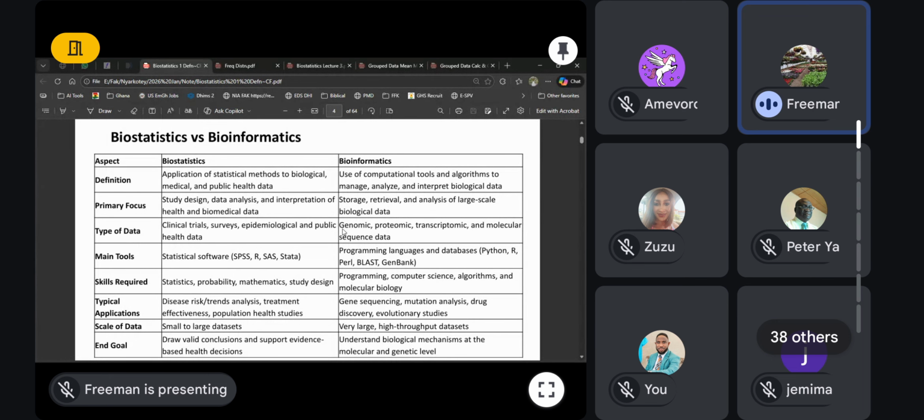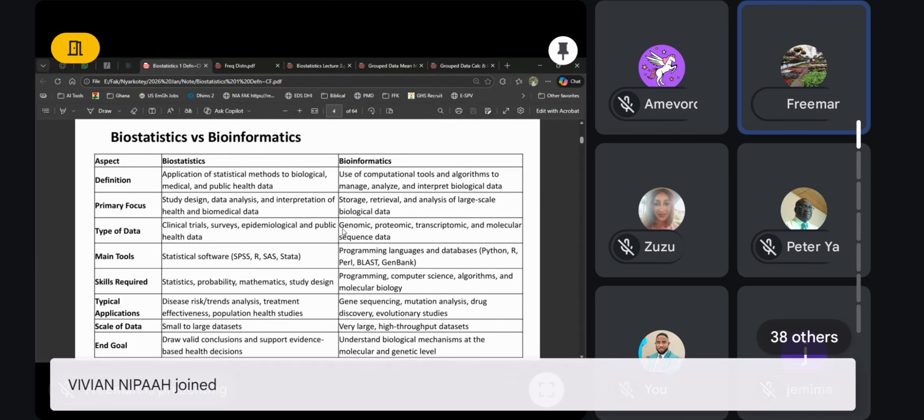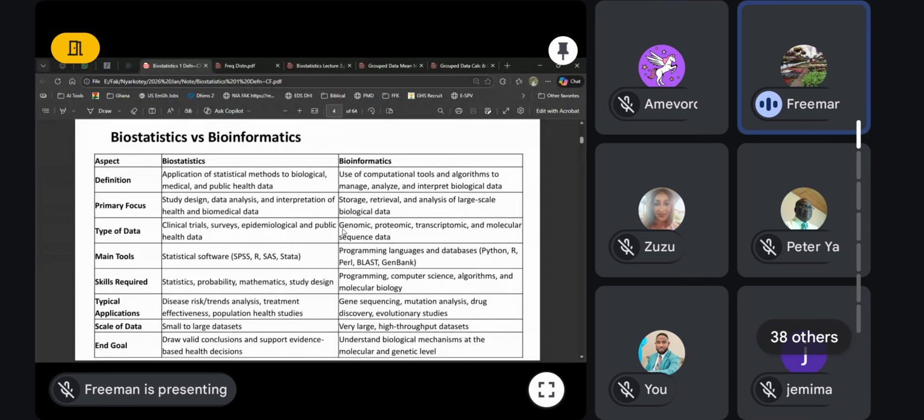You study the data, analyze the data, arrive at conclusions and maybe predictions. It can also serve as evidence for policy making and decision making in general. This one is just to understand the biological mechanism at the molecular and genetic level.